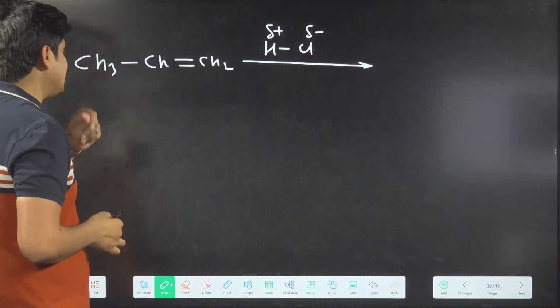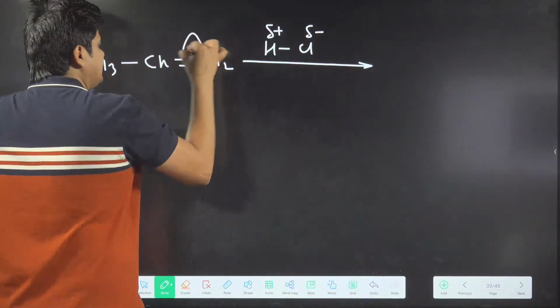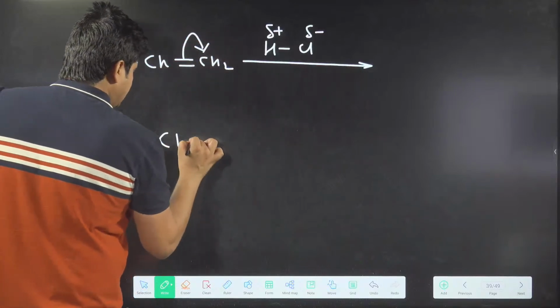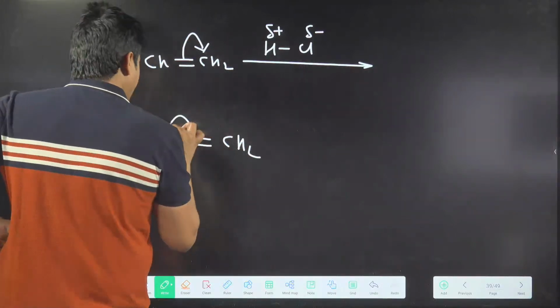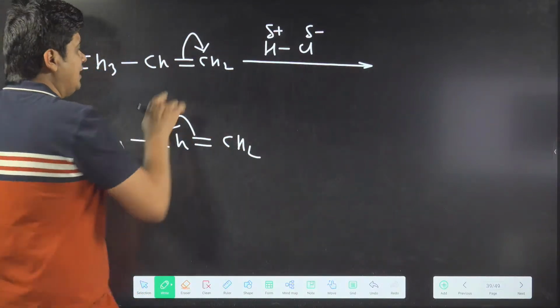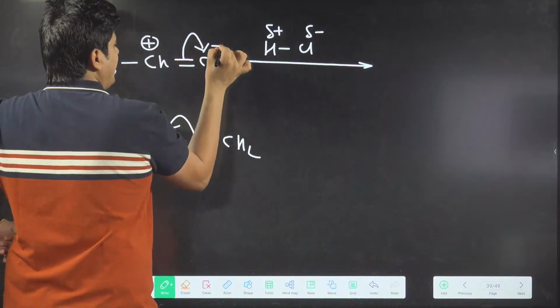Now this double bond has two possibilities. You can break this double bond like this, one possibility. Another possibility, you can break it like this. If I am breaking the double bond like this, this becomes plus, this becomes minus.